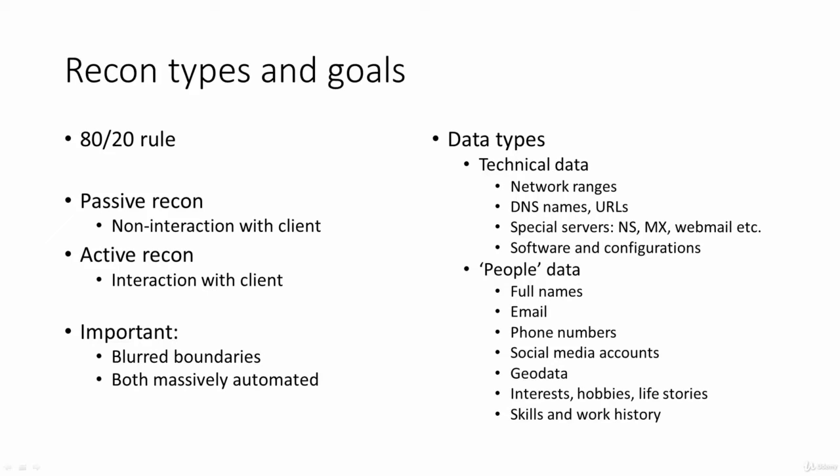But you should focus on specific things that have perspective, and what they are: networks that belong to the client, the names, IP addresses, URLs of all applications and services they possess. Specific servers, like special purpose servers for name resolution, for mail transfers, for webmail access, and so on, like, I don't know, VPN servers, different types of stuff.